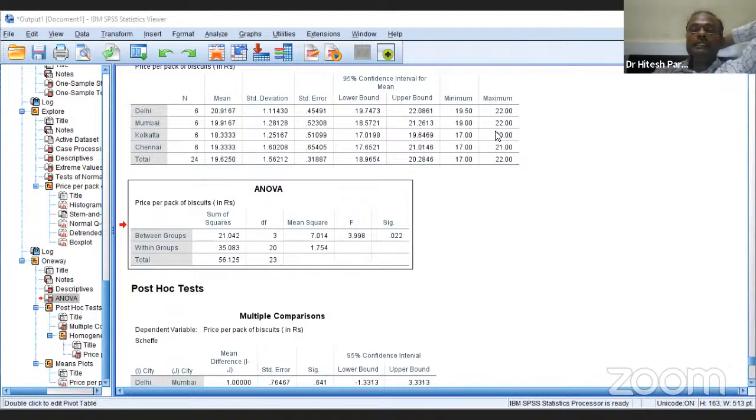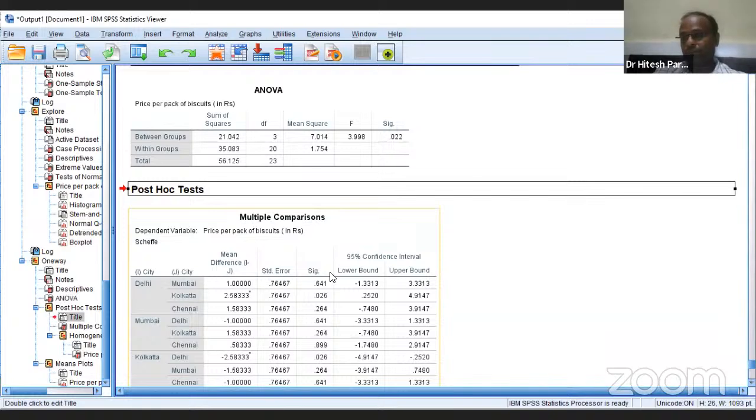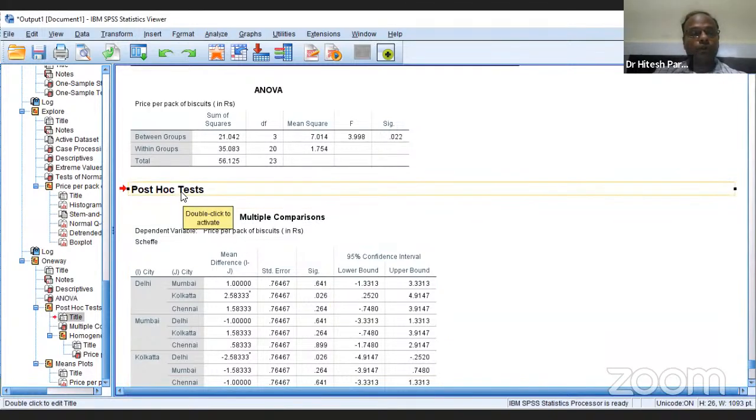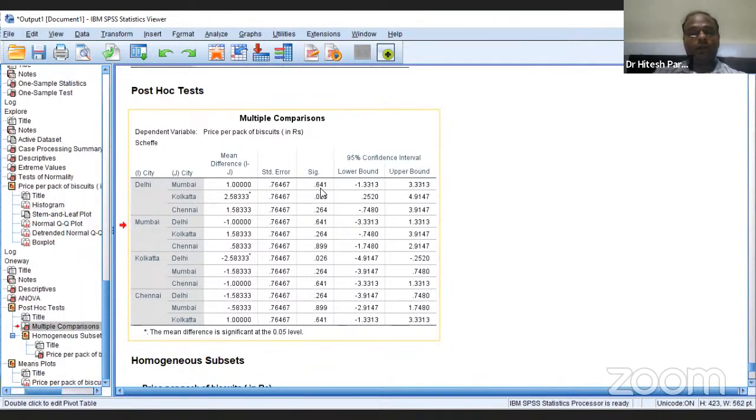But between which exact cities? That is not clear from ANOVA. So we need to check that from the post hoc test. Now in the post hoc test, just look at the significance column. 0.64, we need to check whether this value is less than 0.05 or greater. 0.026, yes, it is less than 0.05.